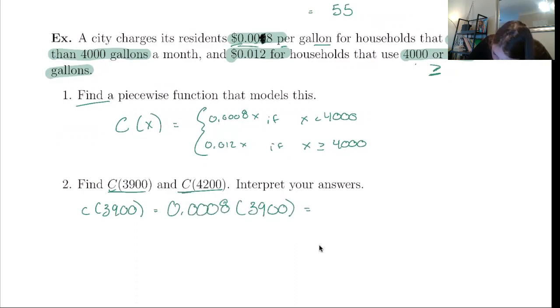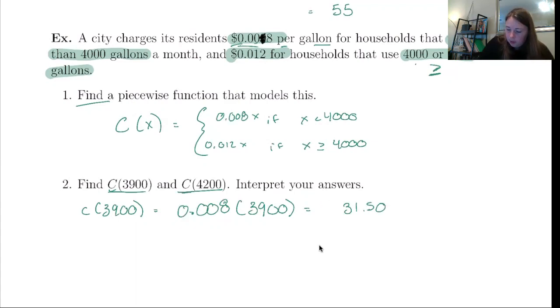There's only supposed to be 2 zeros. Sorry, everybody. Okay. There we go. So that would cost me $31.50.